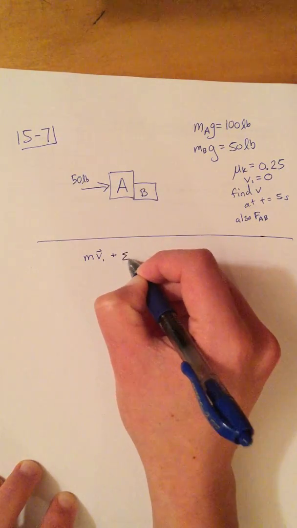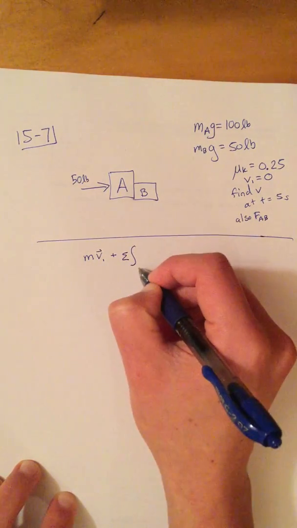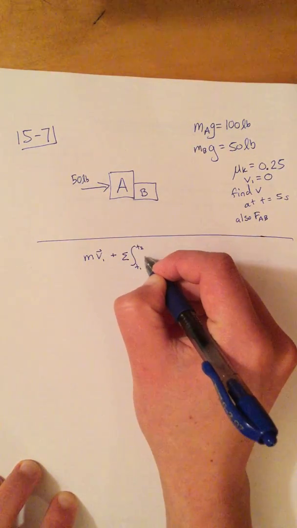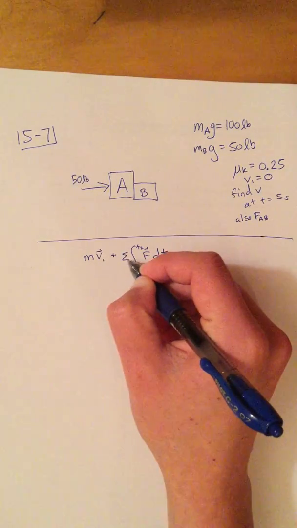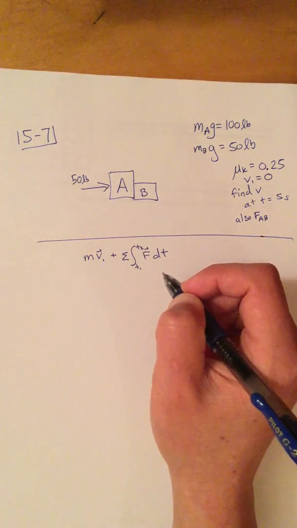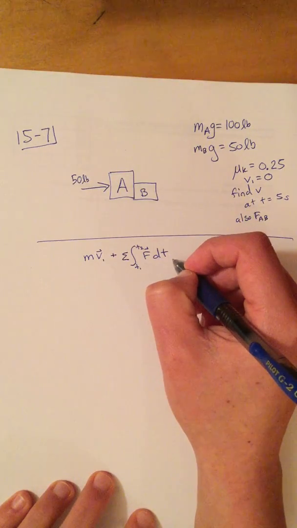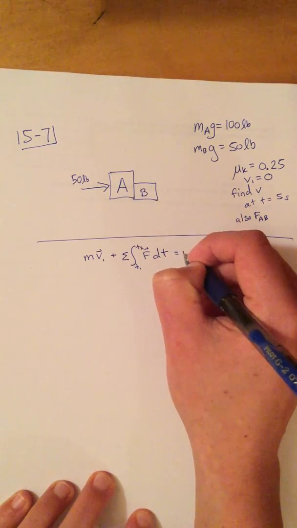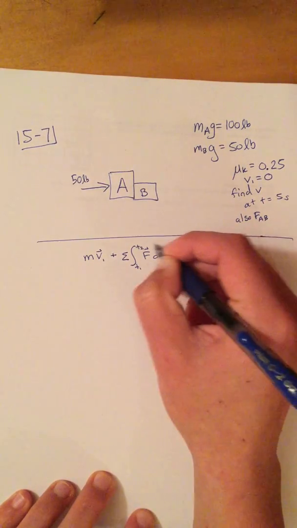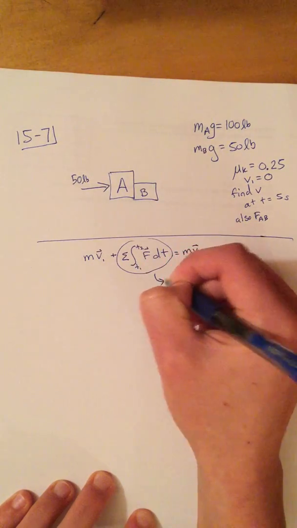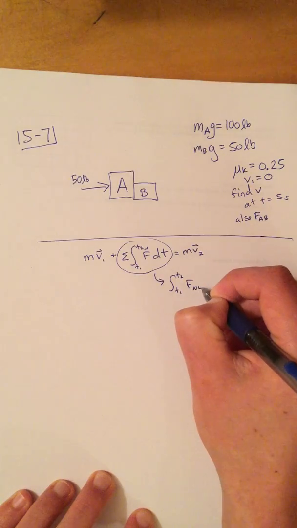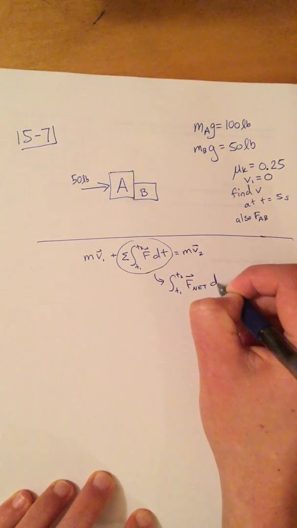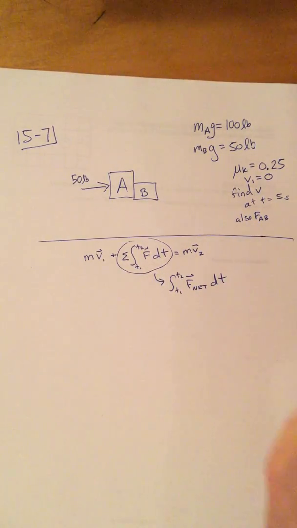You could write this as the sum of the integral, or instead you could just say that the sum would give you the net force, and this is equal to mv2. I would write this instead as F net, the net force acting on your system. That gives you the impulse.